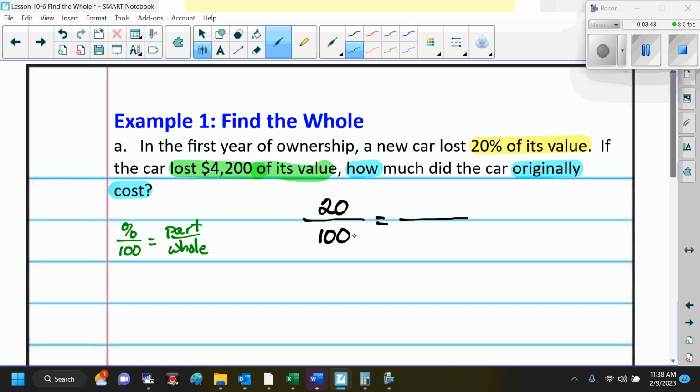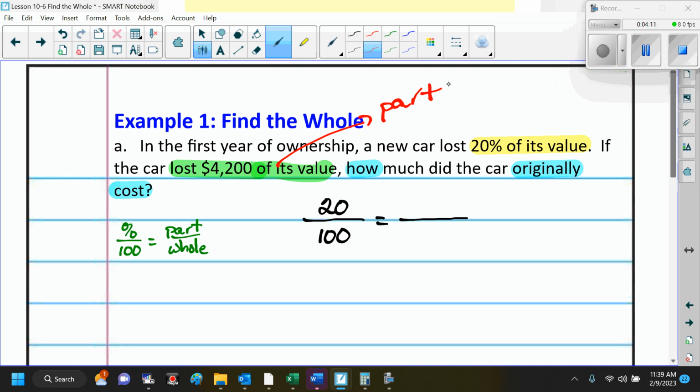We highlighted that amount of dollars, and we highlighted the original cost. Which is which? So that's going to be the part, the part of the value that is lost.